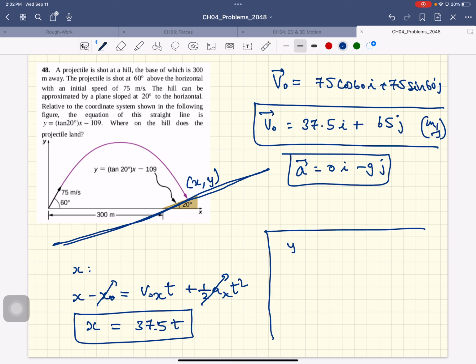Y minus y naught is equal to v naught y t plus 1/2 a y t squared. y naught is 0.